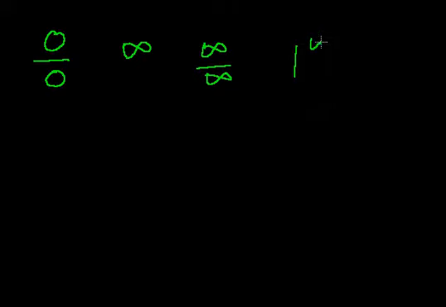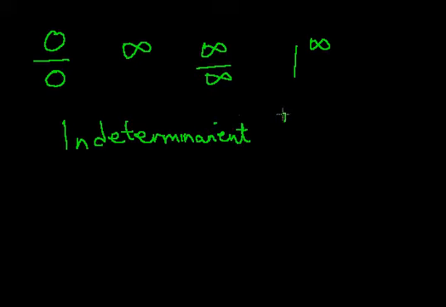But if you substitute and you end up with something weird, say like 0 over 0, or infinity, or infinity over infinity, or 1 to the infinity, or something weird like that, then these are actually called indeterminate forms.